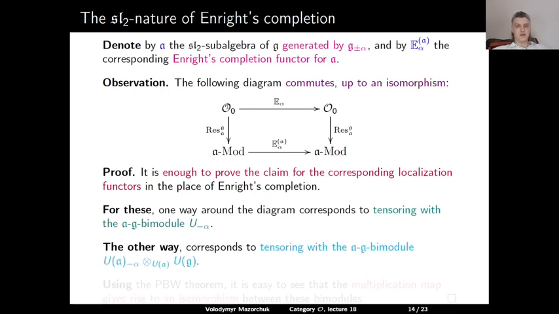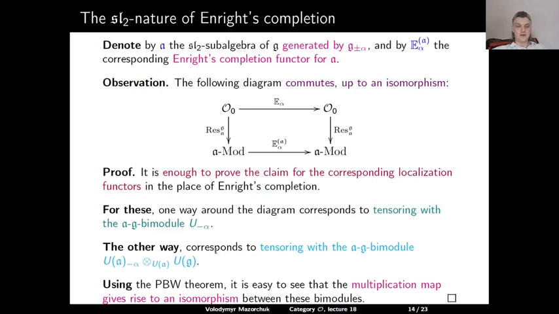The other way around the diagram, this way, corresponds to tensoring with the AG bimodule given by tensor product over U of A of the localization U of A with respect to minus alpha and the AG bimodule U of G. Using the Poincare-Birkhoff-Witt theorem, it is very easy to see that the multiplication map from this tensor product to U minus alpha gives rise to an isomorphism of AG bimodules. And this implies the necessary claim.